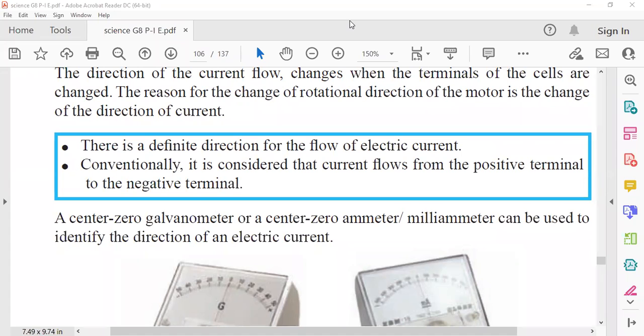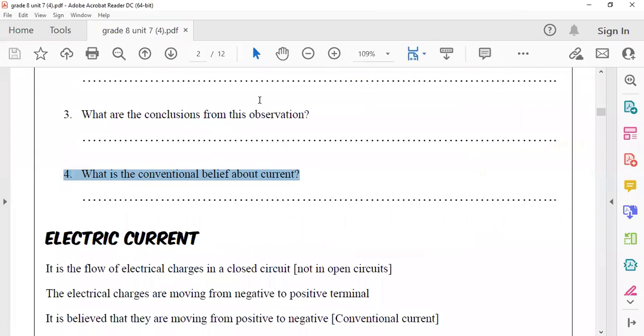Now, your next question. What is the conventional belief about the current?